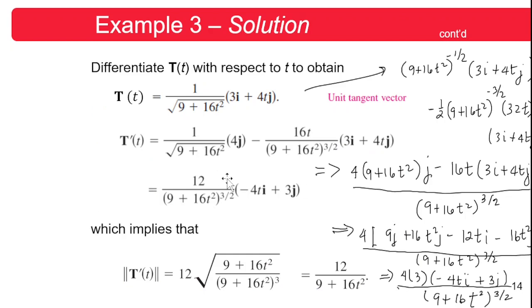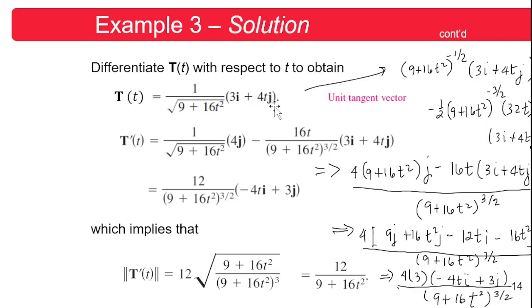To find the unit normal vector, we differentiate the tangent vector T(t), and then we divide this by its length. But what is the first derivative of the tangent vector T(t)? Assuming that this is your first function u, and then you have the second function, you apply the product rule, wherein you have the first function times the derivative of the second.